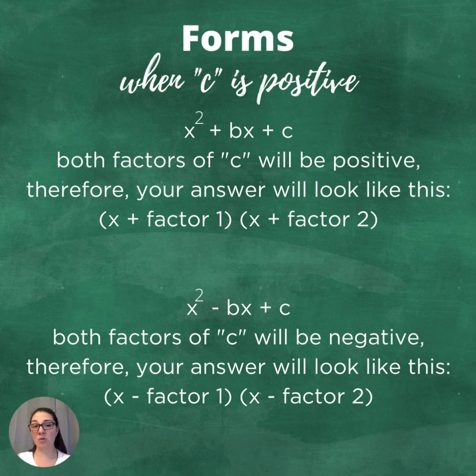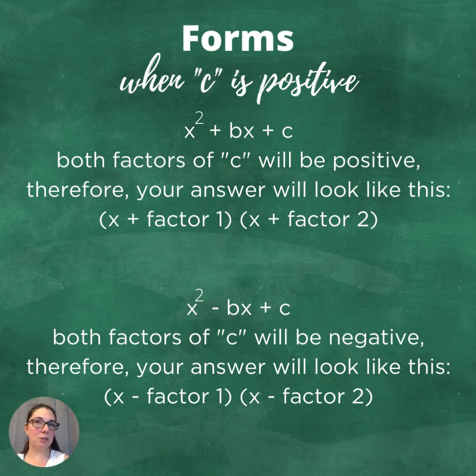Now, if you have x squared minus bx plus c, the only way that you multiply the 2 values to get a positive value, but add them to get a negative value, is if they're both negative. In that case, your parentheses is going to look like x minus factor 1 times x minus factor 2.